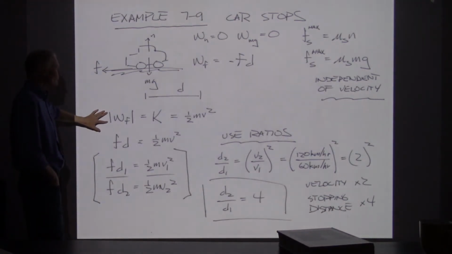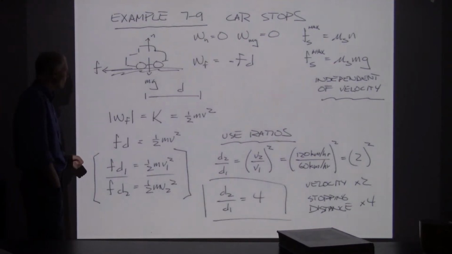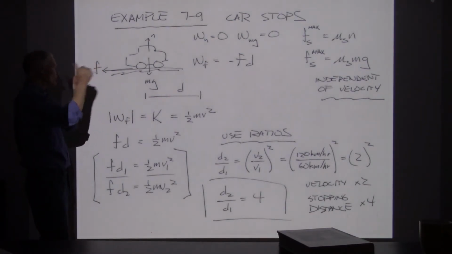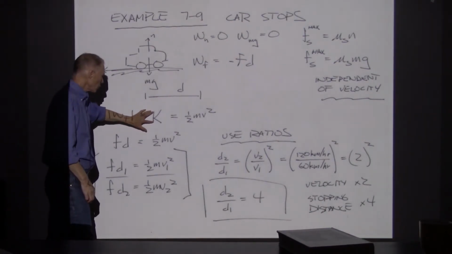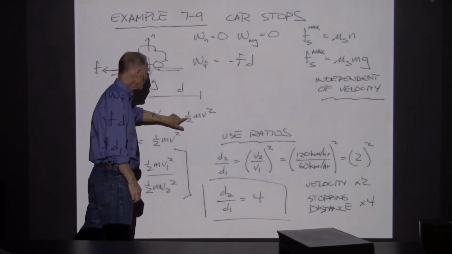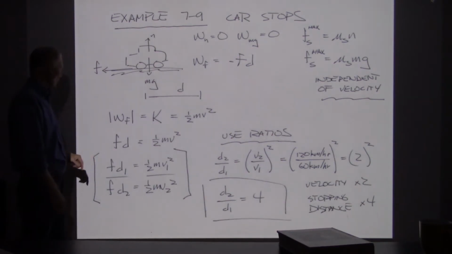So the work, I'm going to write this in energy terms. The amount of work I need to take or transfer out of the car is the total kinetic energy. Now the total kinetic energy of the car is 1/2 mv squared.